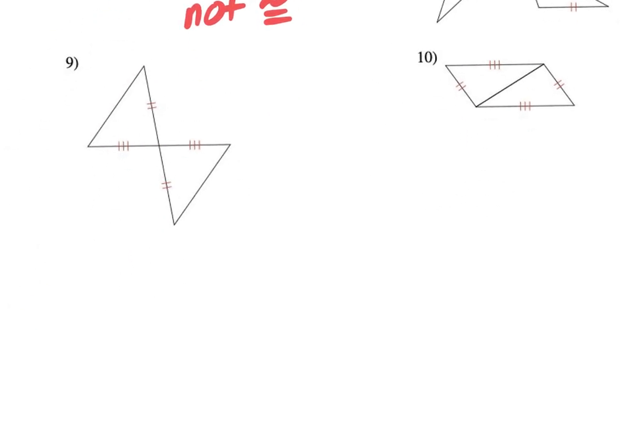Okay, number 9, there's 2 pieces marked, but what additional piece is not marked that we already know? Vertical angles, okay? Vertical angles and the reflexive property are almost like they're given. We still got to mark it so we know they're congruent, but they're almost like given pieces of information. But they're usually not going to be marked. So we got to mark them to show they're congruent.